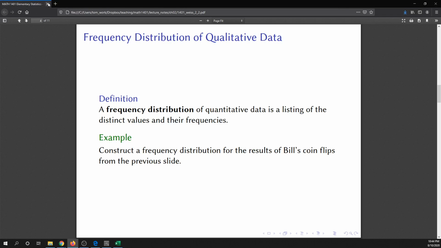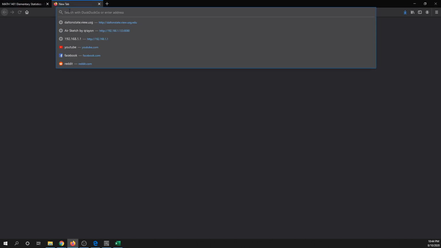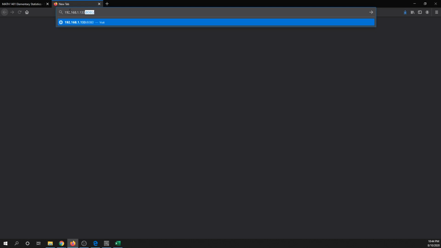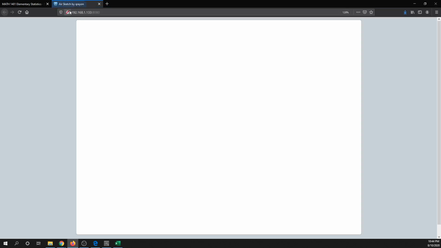What we would do is make a little table, and we would have the results over on this side and the frequency on the other side.